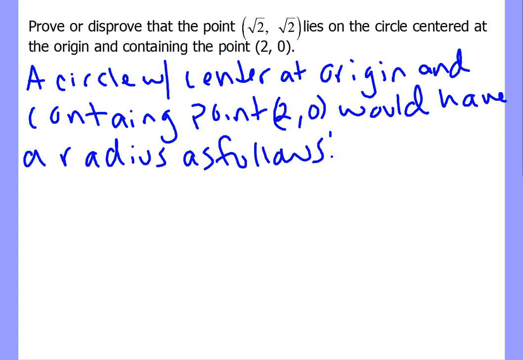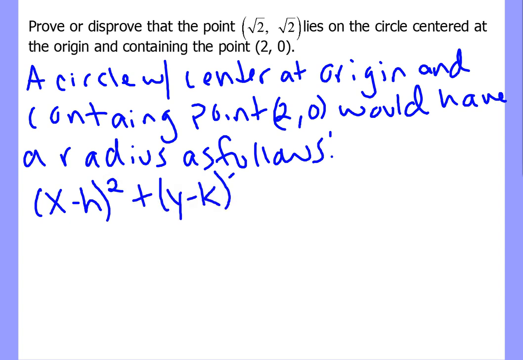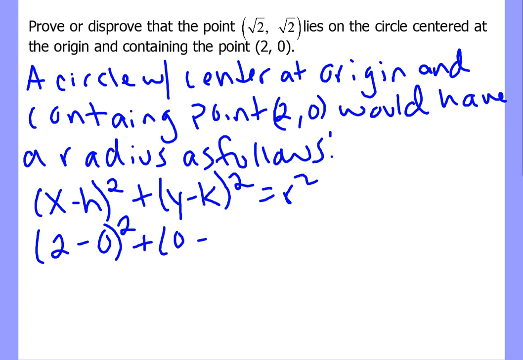We all understand that the standard equation of a circle is x minus h quantity squared plus y minus k quantity squared equals r squared. With 0, 0 and 2, 0 being our center and our containing point respectively, that means 2 minus 0 squared, the x-coordinate of my point 2, 0 minus the x-coordinate of my origin or center, plus, in this case, 0 minus 0 squared, will equal r squared.